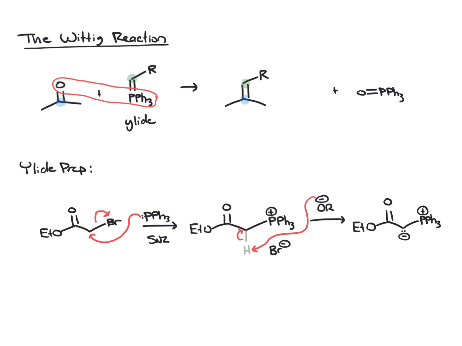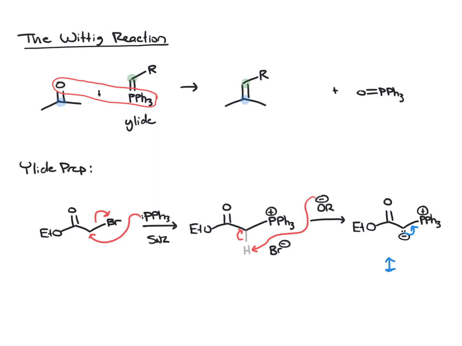So you can certainly draw your ylide like this, but it doesn't quite look like the ylide I have up here. And that's because there is a second resonance structure you can draw. So what we can do is take the electrons on the lone pair and just move those here to make a pi bond between the carbon and the phosphorus.